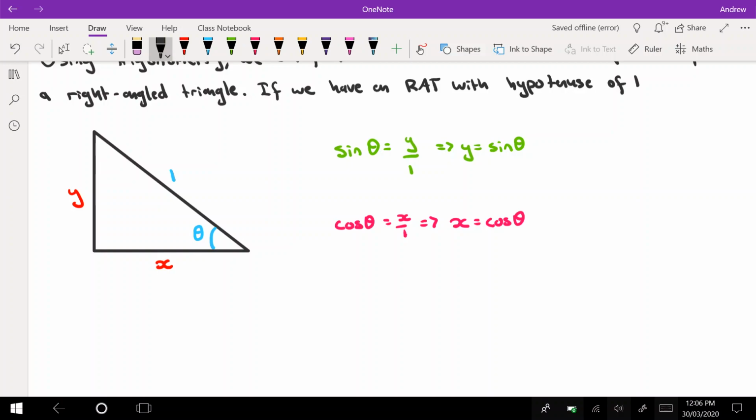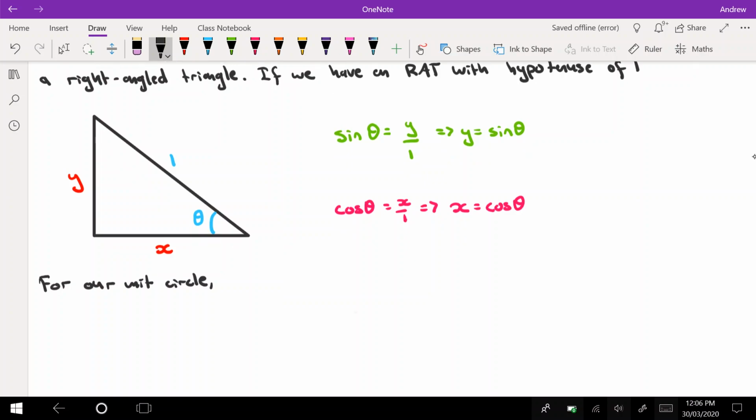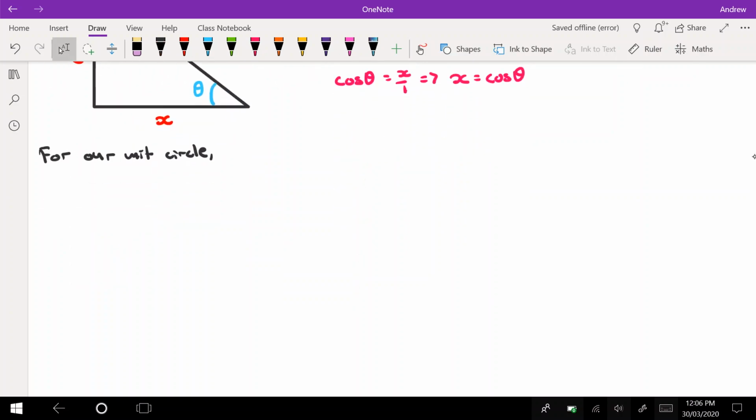Okay, well, for our unit circle, remember when we touched on the equations of circles being x squared plus y squared is equal to the radius squared? Well, we know that that's because we're always going to have a circle with a hypotenuse from our center.